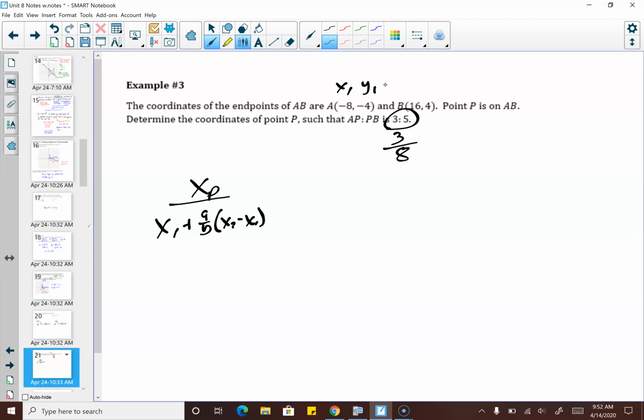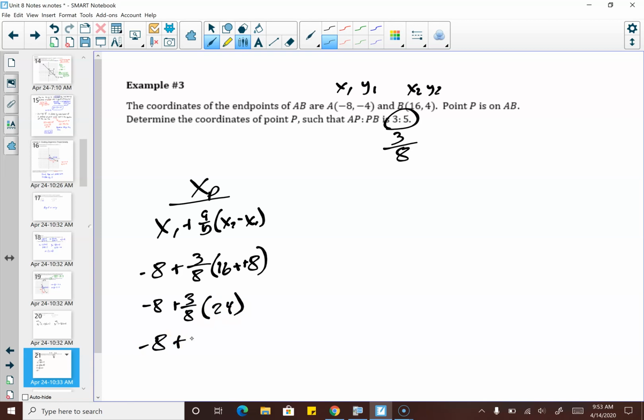So then we are x1, y1, and then x2, y2. So -8 plus our ratio, 3 over 8, and then x2 minus x1 is 16 minus -8. So we know minus minus really turns to plus. We get -8 plus 3 over 8 times 24.